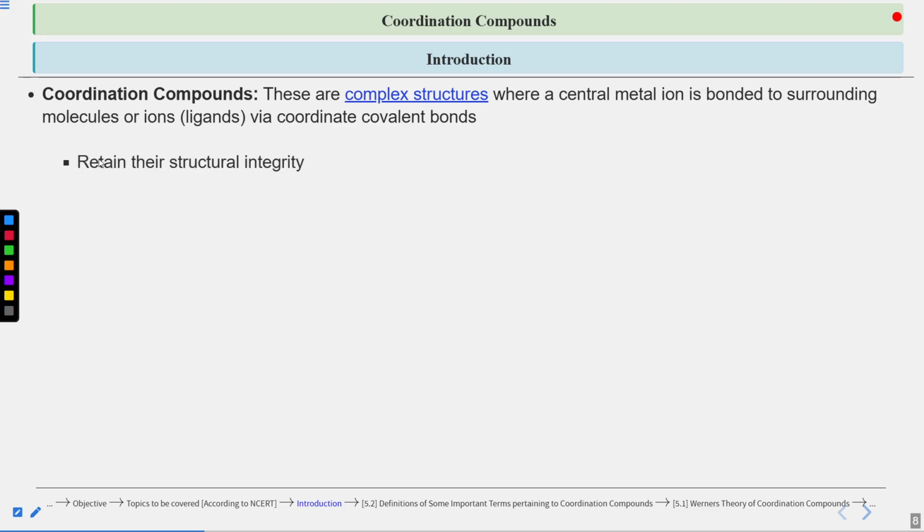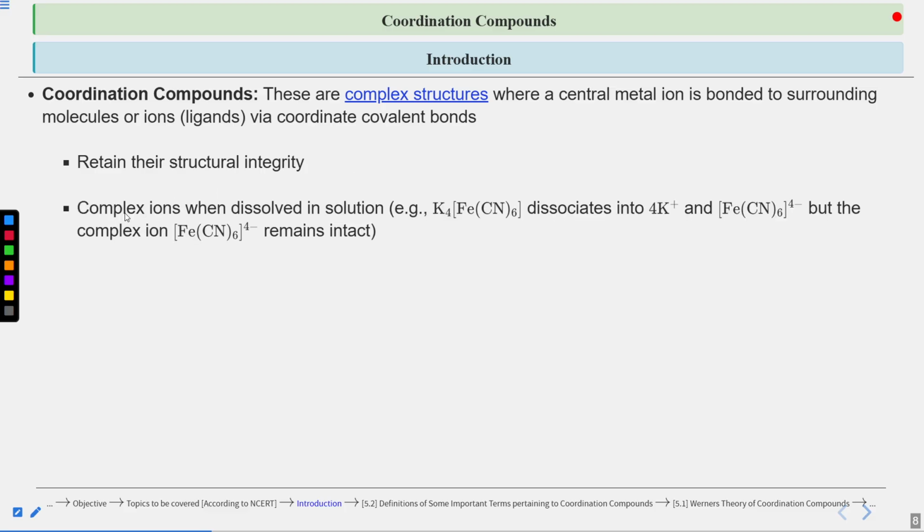The coordination compounds retain their structural integrity after dissolving in water. When complex ions are dissolved in solution, for example K4[Fe(CN)6], this dissociates into 4 K+ ions and one anion [Fe(CN)6]4-.